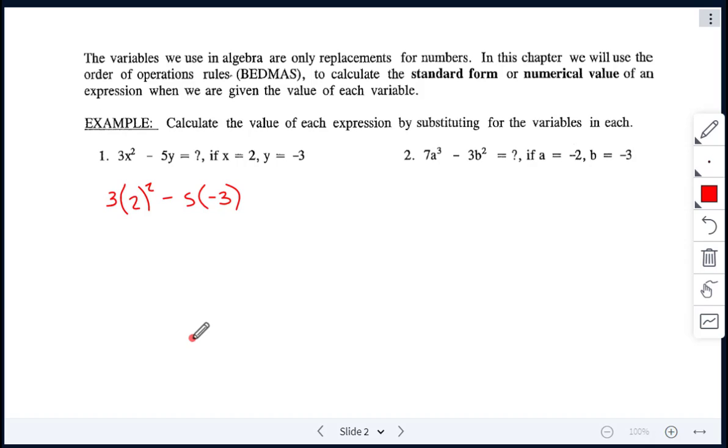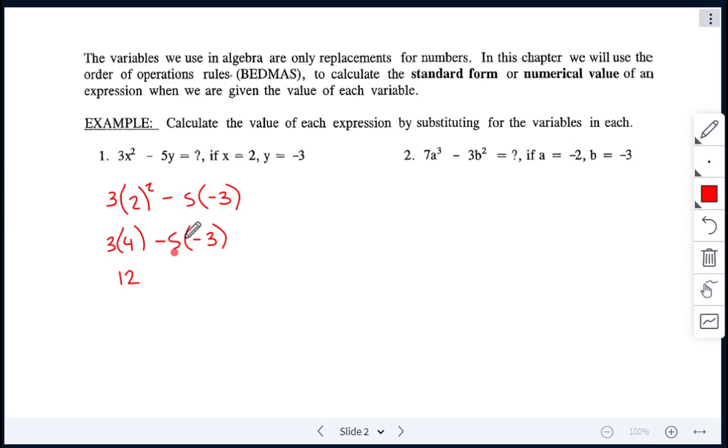Then you're going to use your BEDMAS rules. So brackets, exponents, division and multiplication is interchangeable, and then addition, subtraction, which is interchangeable. So 2 squared gives me 4. So that becomes 3 times 4, and then we still have the minus 5 times negative 3. 3 times 4 gives me 12.